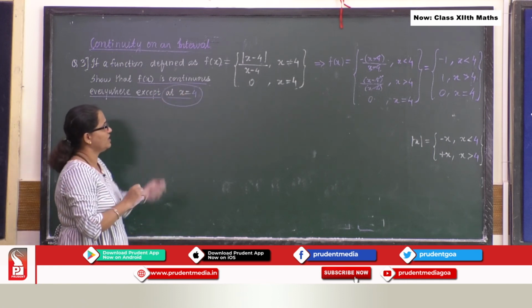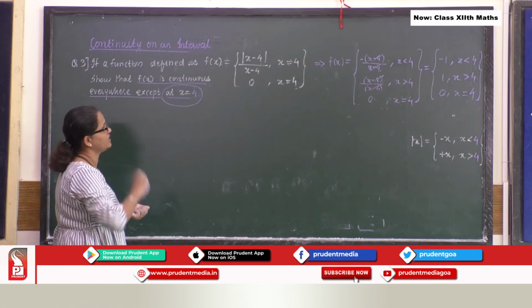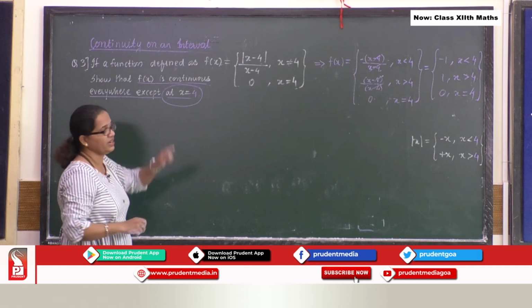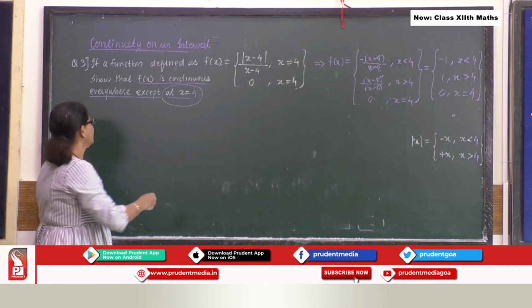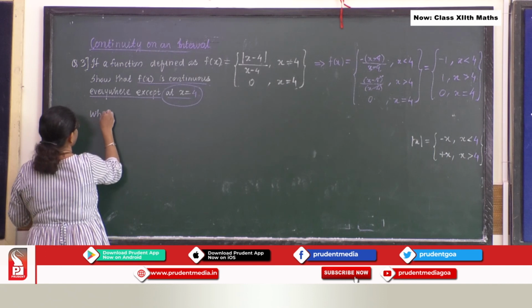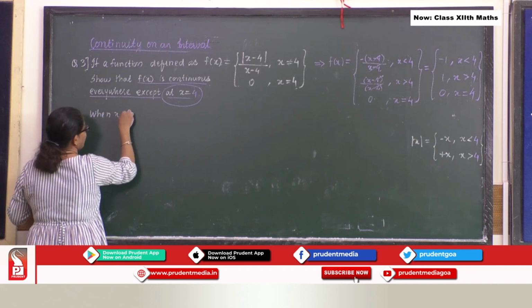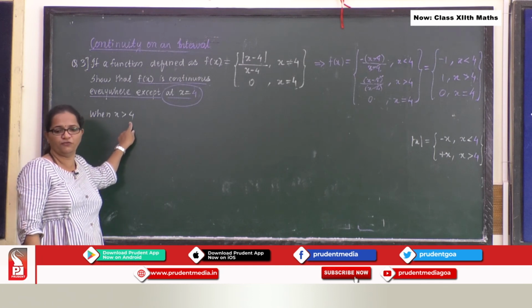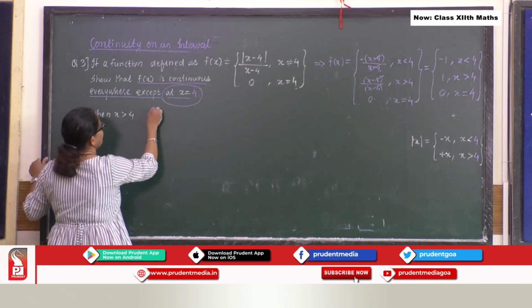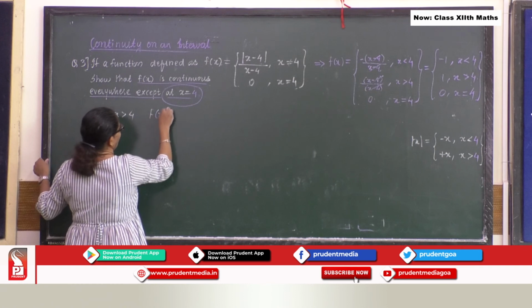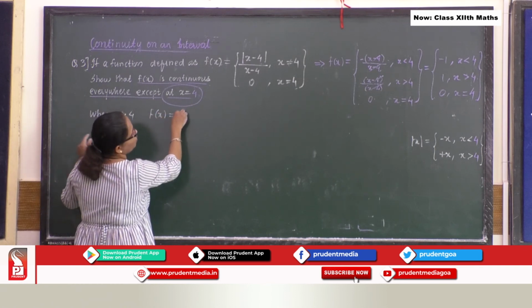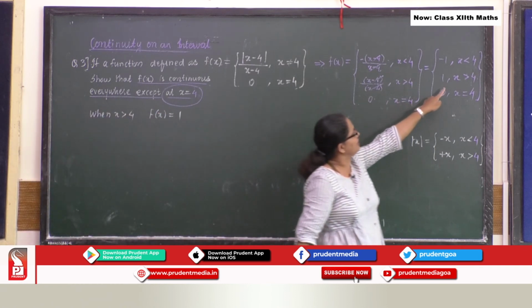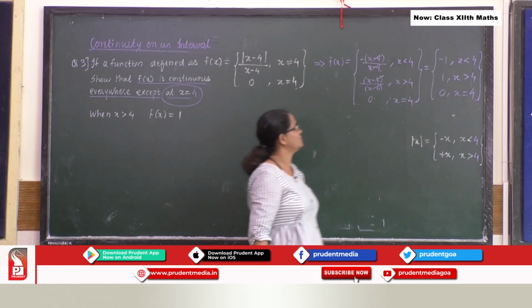So when x is greater than 4, f of x equals 1.